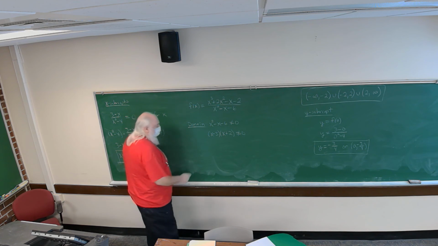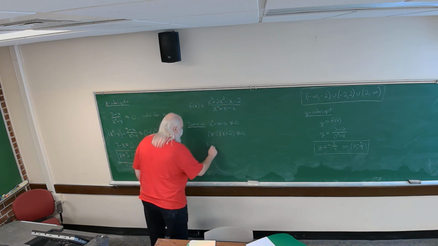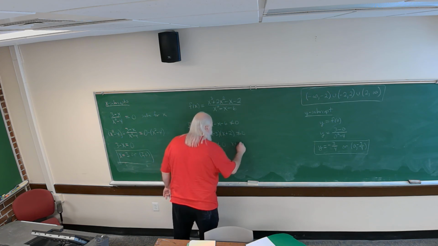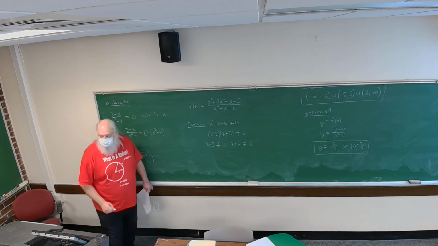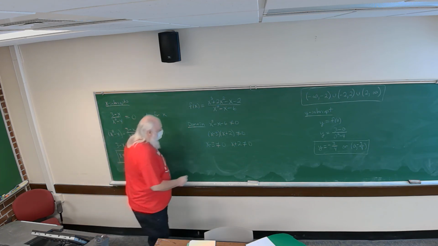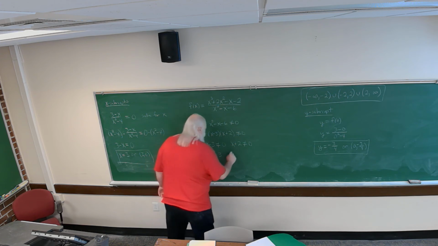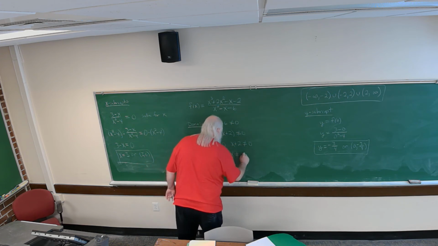So x minus 3 can equal 0, and x plus 2 can equal 0. Solving for x means x can equal 3, and x can equal negative 2.